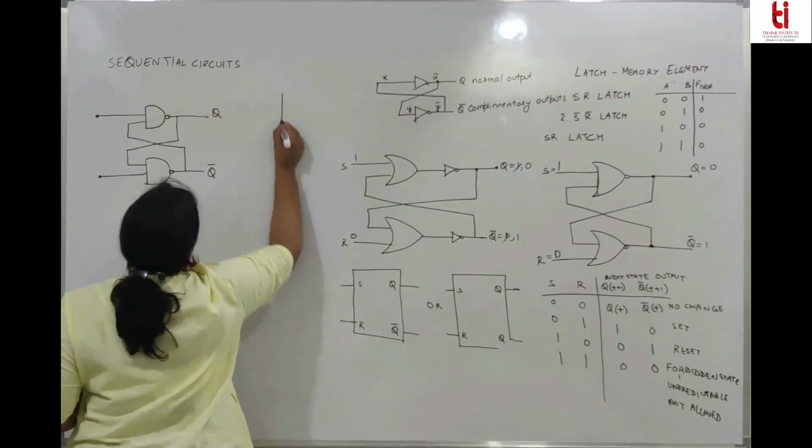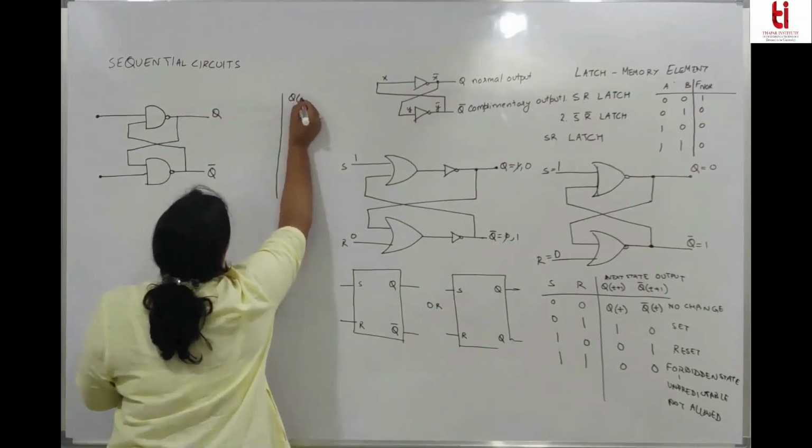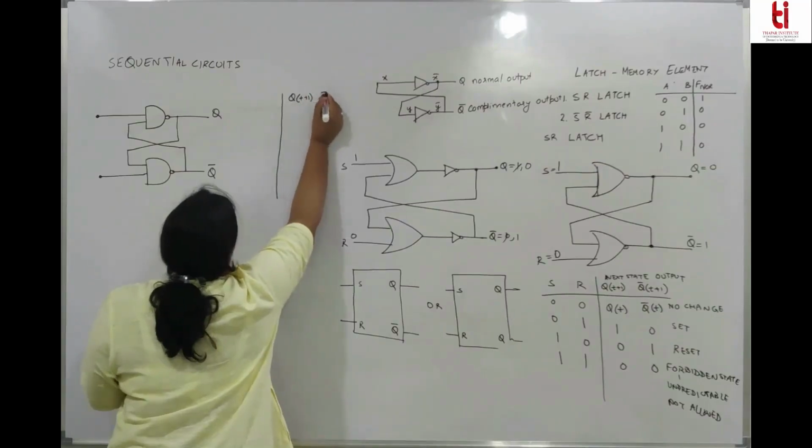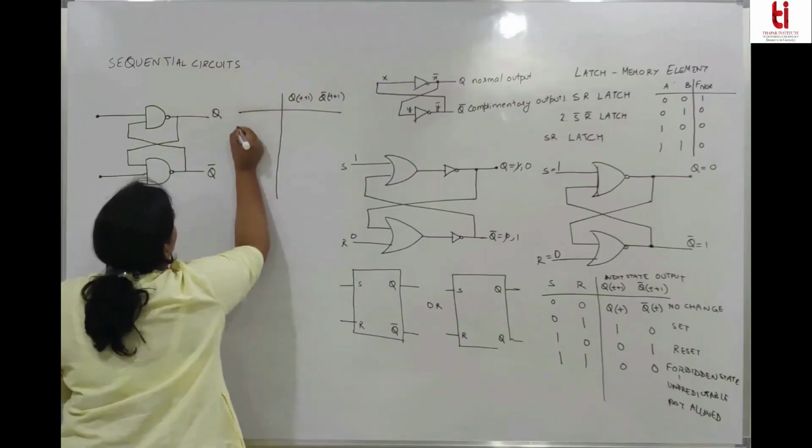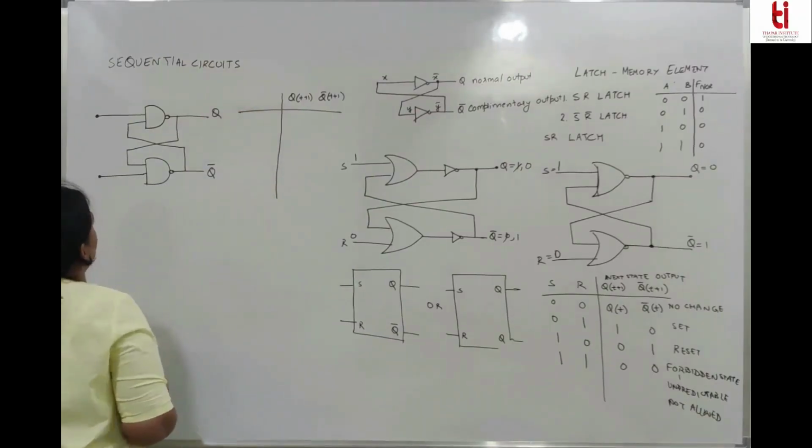We'll have here its truth table, next state outputs, and what is the truth table of this?